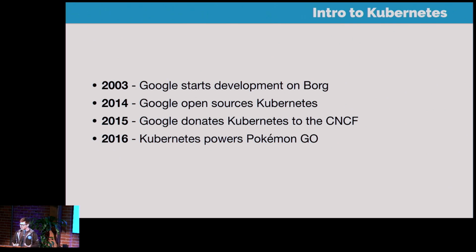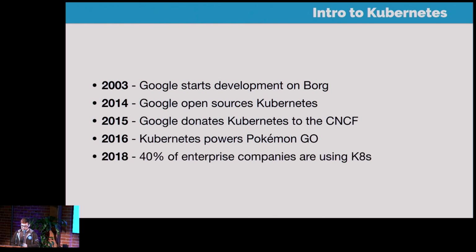They had to deal with like 50 times the amount of traffic they were expecting in the first launch, and it was definitely a little bit bumpy at the start, but they managed to scale it relatively well. The popularity of Kubernetes has been growing and growing over the past few years. This year, about 40% of enterprise companies are running Kubernetes clusters in production. So it's a really important part of the technical stack to start to learn and to become familiar with.